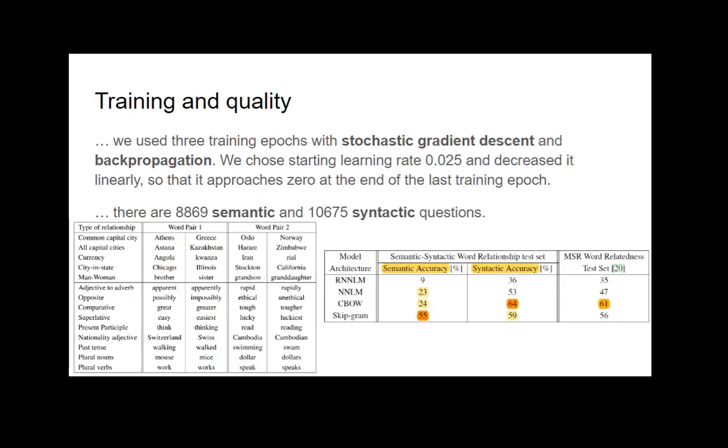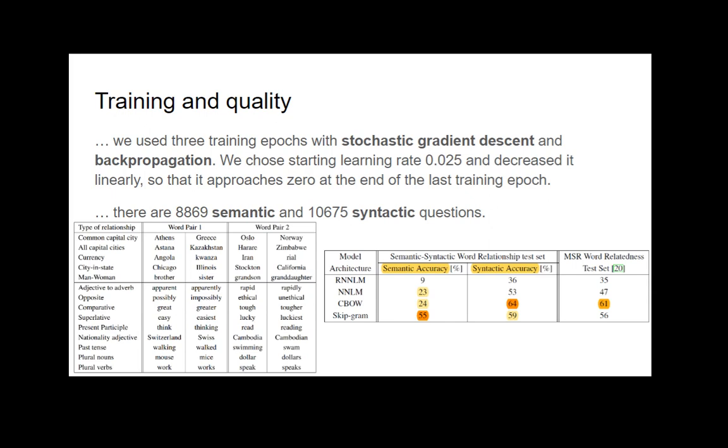For example, if you have the slides on your laptops, you can look at this. These are screenshots from the paper. They looked for the capital attribution, so Athens to Greece, Oslo to Norway. They looked for adjective to adverb, apparently, ethical, unethical for opposite meanings, and different syntactic connections.